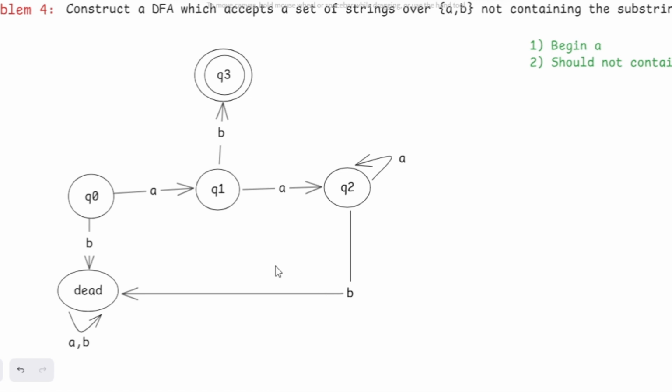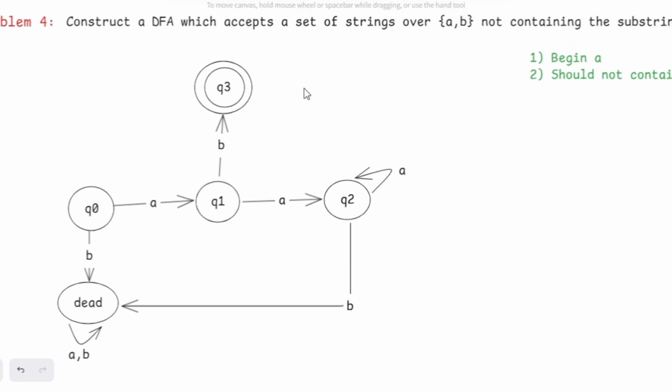Done. So what if after going to the final state, the string is still in process, right? So the string is not finished. So from Q3 or the final state, if it is encountering A again, that means there is a possibility of having AAB in the next substring, right? So it also needs to go to Q1 again because the first A is processed, and the second A can be processed in Q1, which will go to Q2.